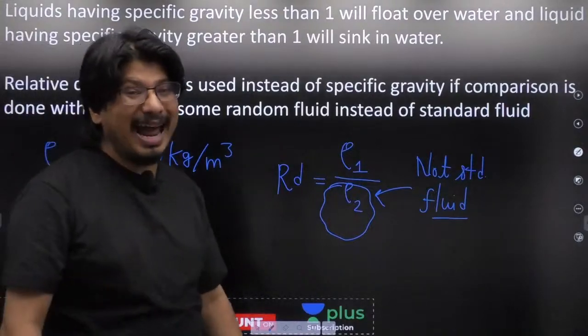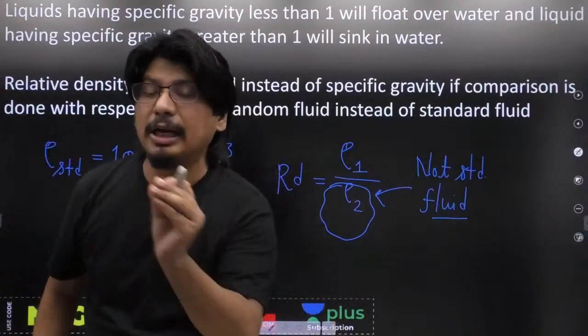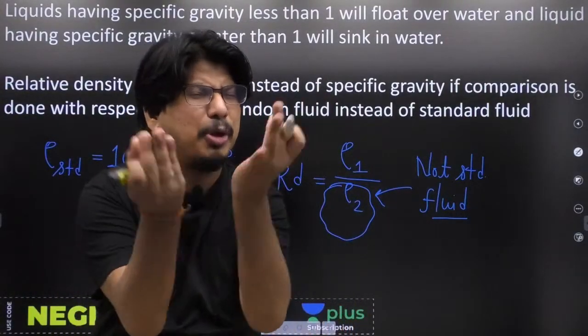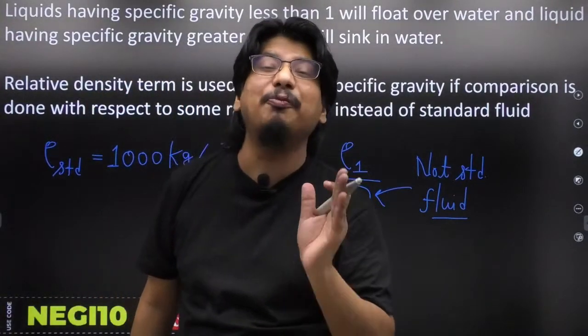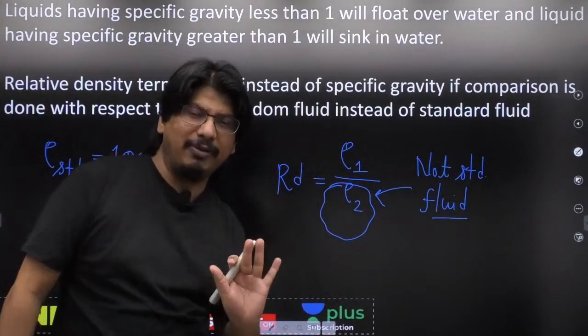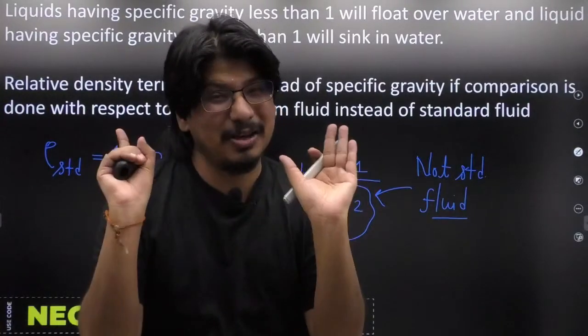Can I give one conclusion over here? What is the conclusion? Every specific gravity is relative density, but every relative density is not the specific gravity.